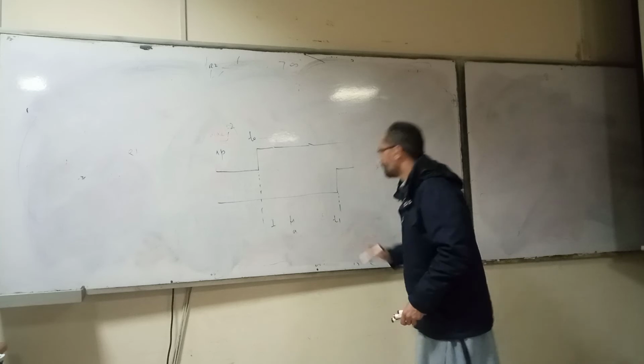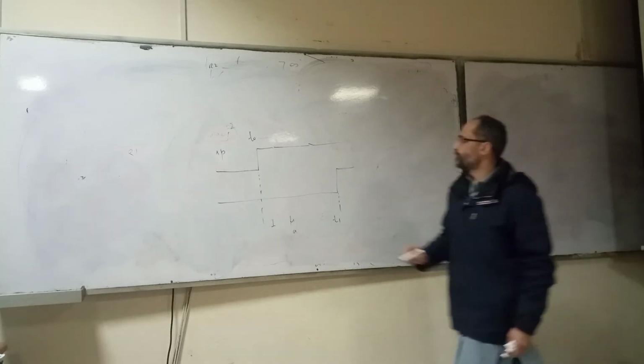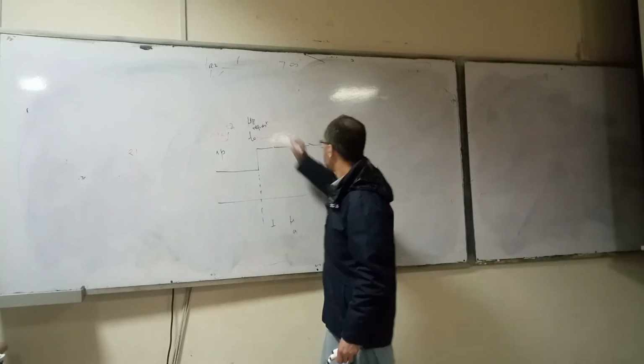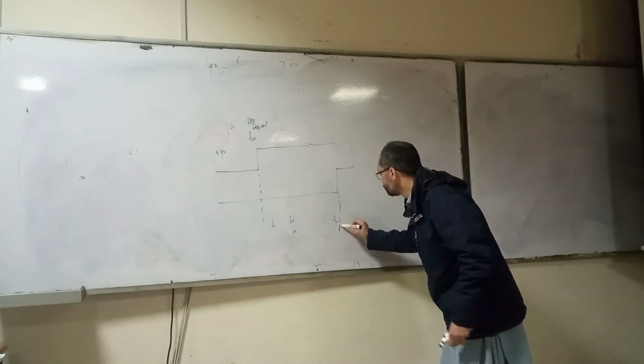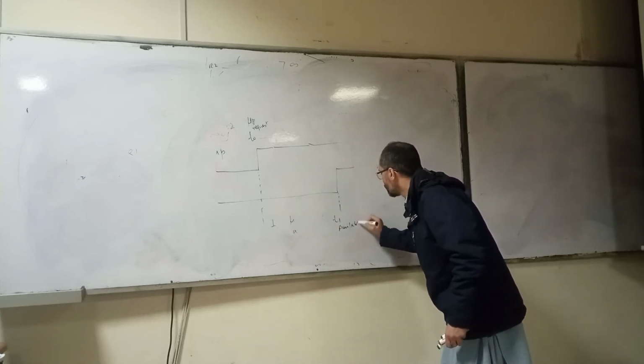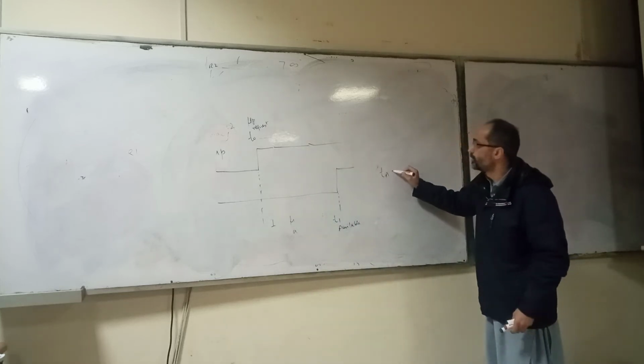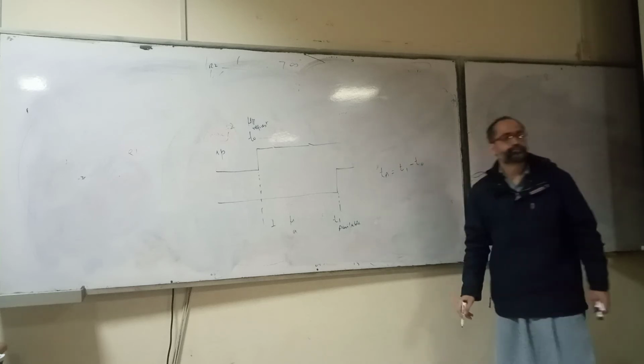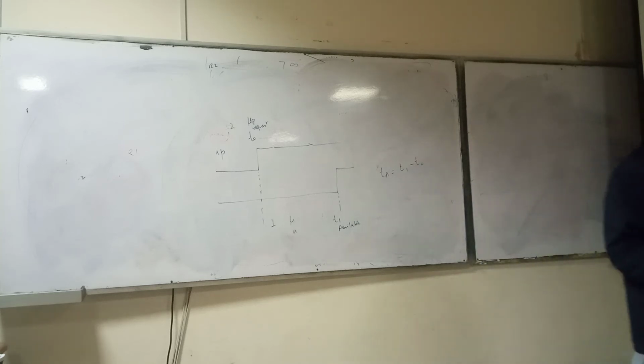Let's assume the microprocessor makes a request at time T0, and the data becomes available at T1. So what is the access time now? T1 minus T0.